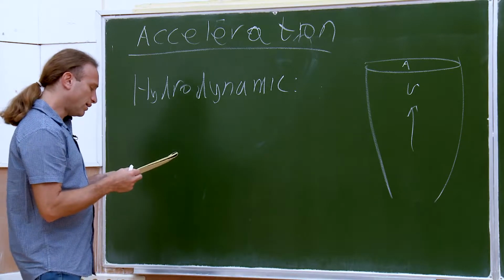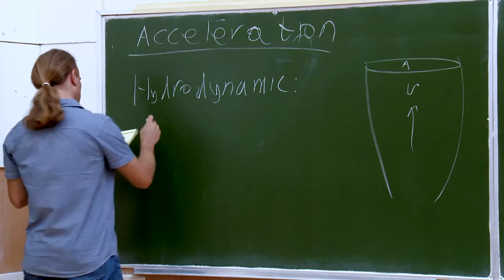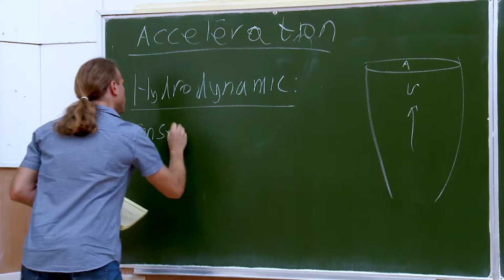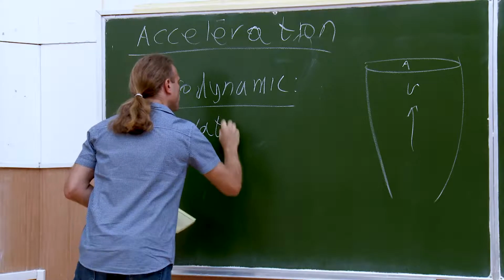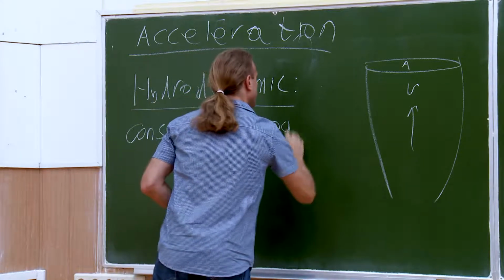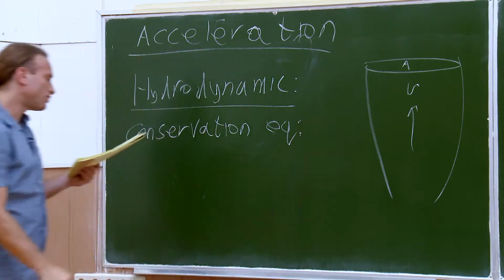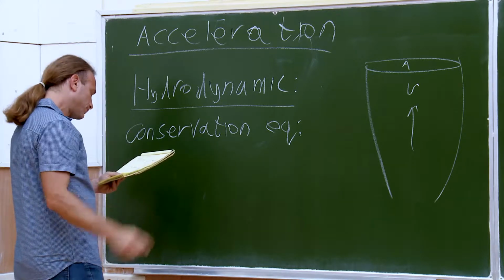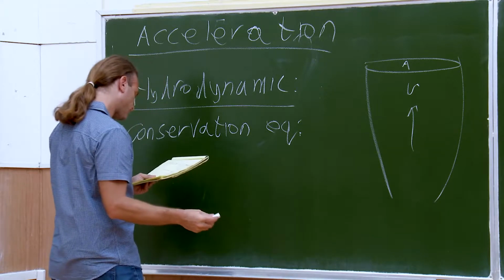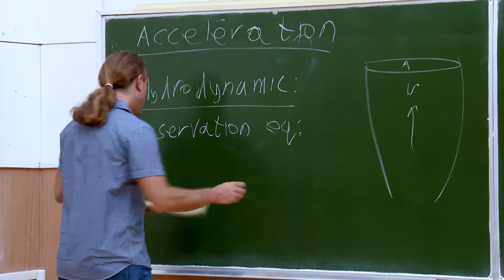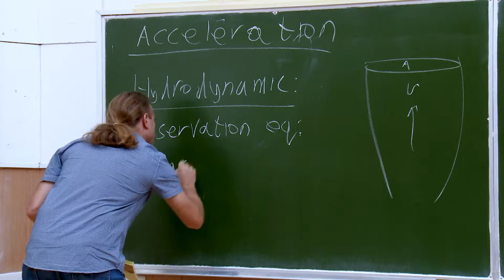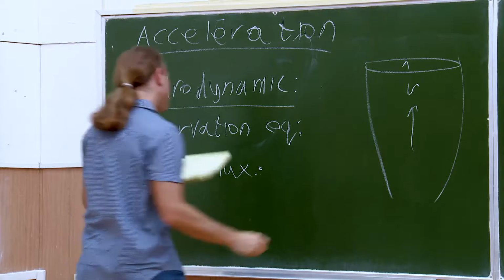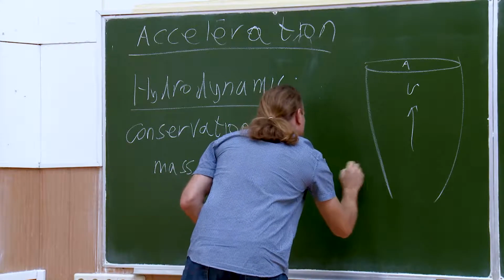The conservation equation, conservation of mass, is the mass flux. The mass flux is just rho u c.